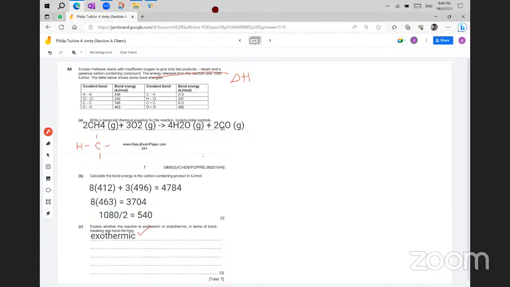But first thing first, let's check this out. I will tend to draw, okay? I don't like to not draw because my own thinking may fool me, right? When I draw this, I realize, of course, that there will be 8, right? So that one I agree with you. This one, there's an 8. Then I'll draw this again, O double bond. There'll be 3 of them, so it'll be 496 times 3.